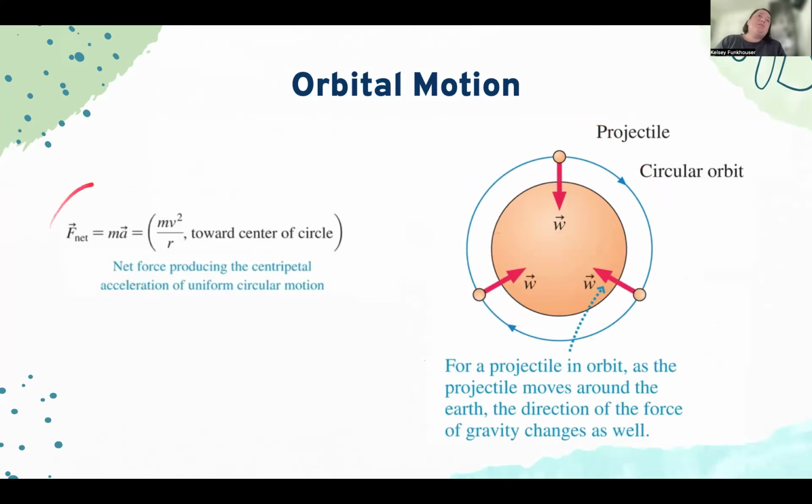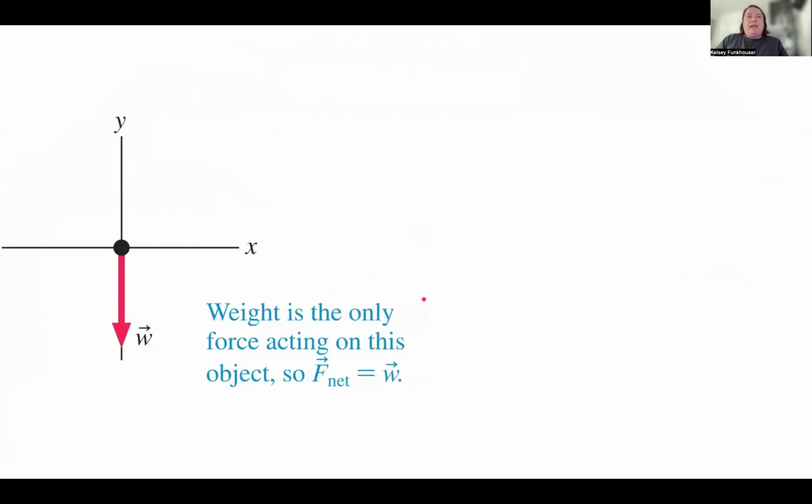And we can even use the same relationship with the net force equaling mass times the centripetal acceleration, or mv squared over r. And another point, if we look at one of these examples where an object is in free fall in orbital motion, we just have the weight force, and that means that the net force is equal to the weight force.